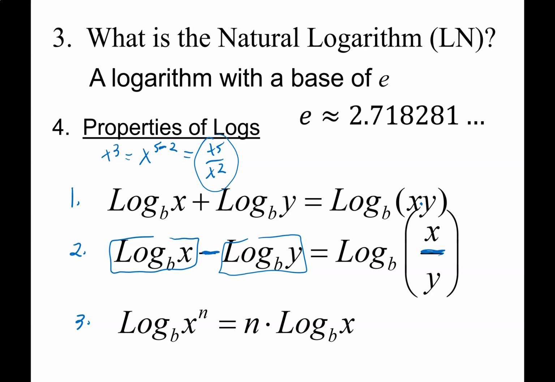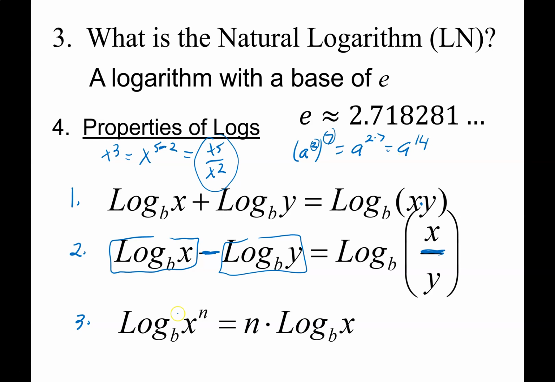Property 3. Another little property you may know. If I have, say, a to the power 2 raised to the power 7, hopefully you know that when you have a power raised to a power, you actually multiply. So that would be a to the 14th.